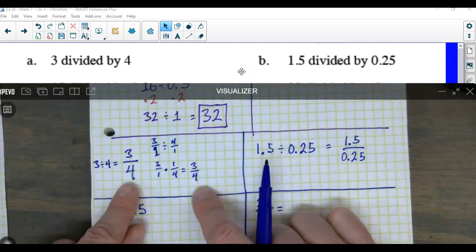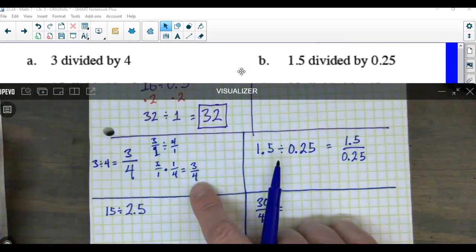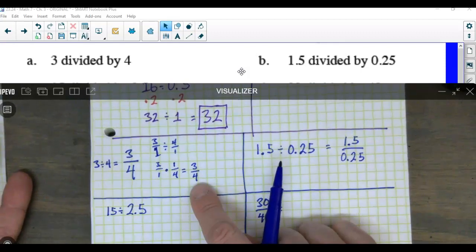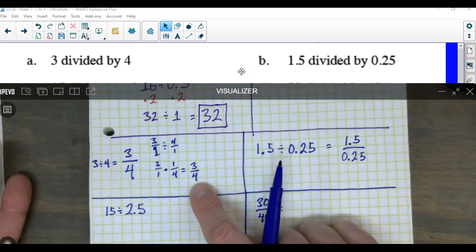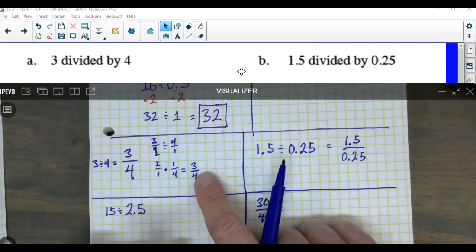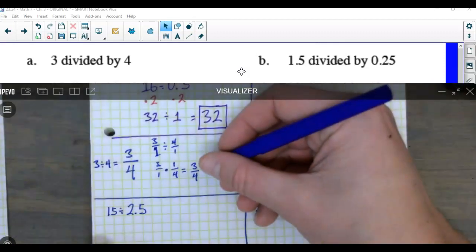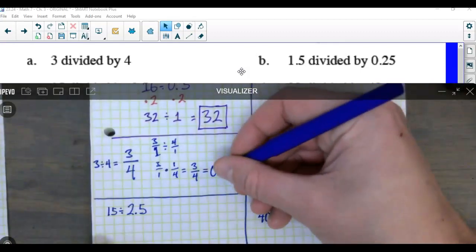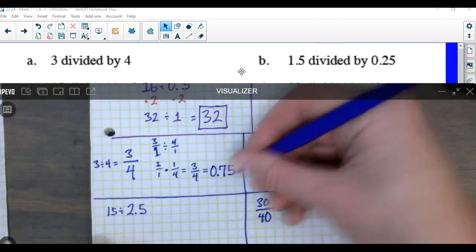Guys, 3 divided by 4, does anyone have a better way? I know what this is. I don't know if there's necessarily a better way. What is 3 out of 4? If you have 3 quarters, yeah, 75 hundredths or 0.75.